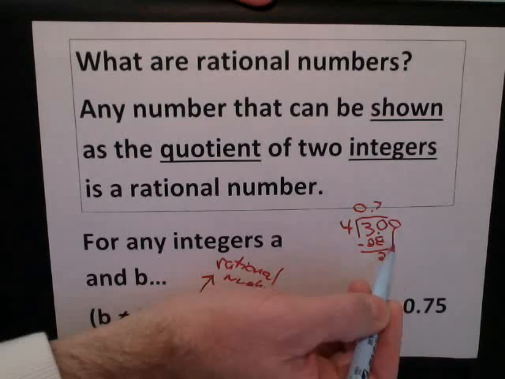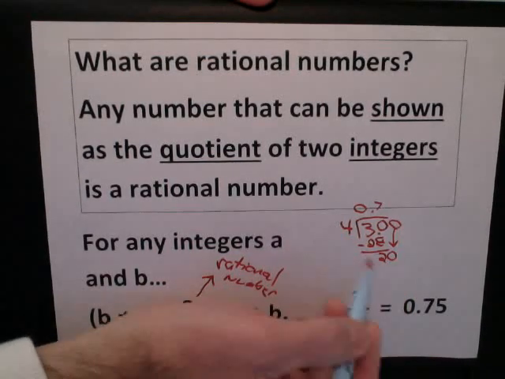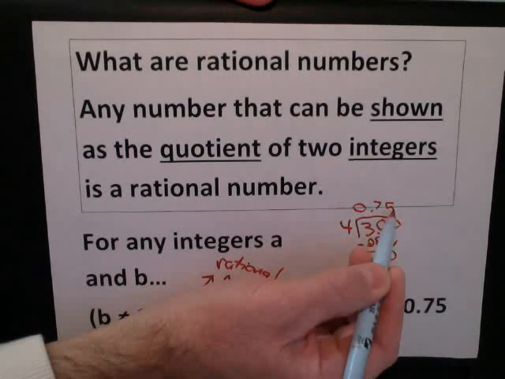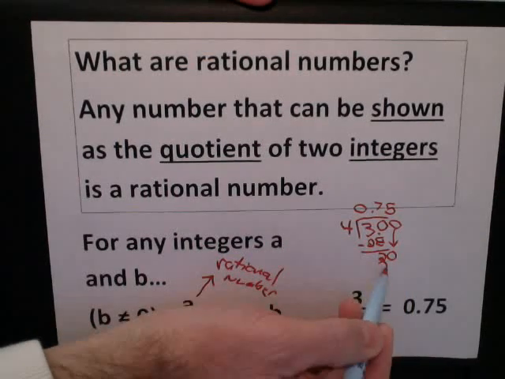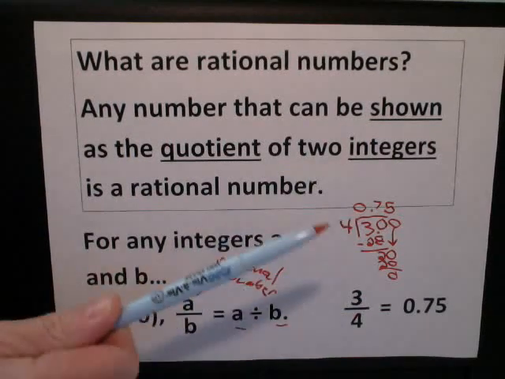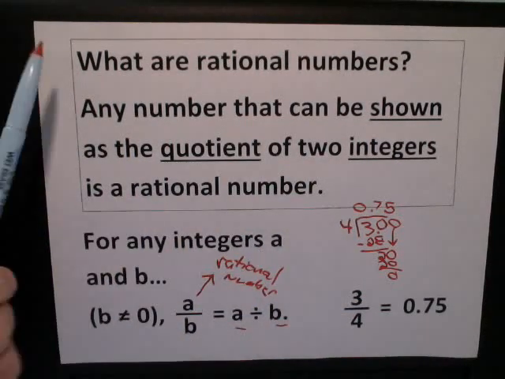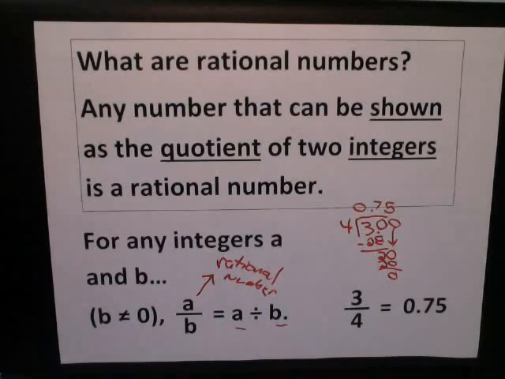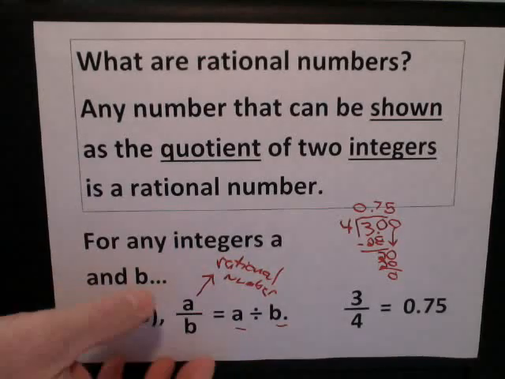Add a 0. 4 into 20 will go 5 times. 5 times 4 is 20, subtract, you end up with 0. So basically, 0.75 is a positive rational number. Alright? So that's basically what we mean by rational numbers.